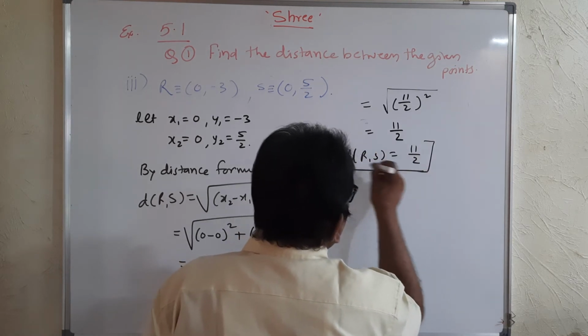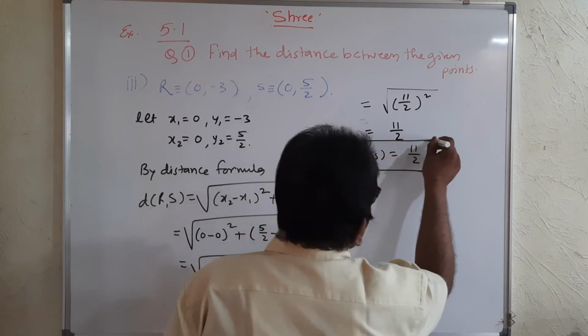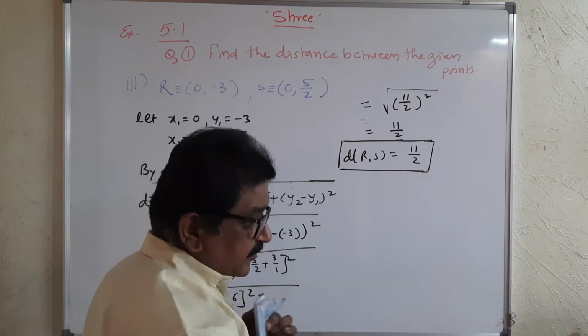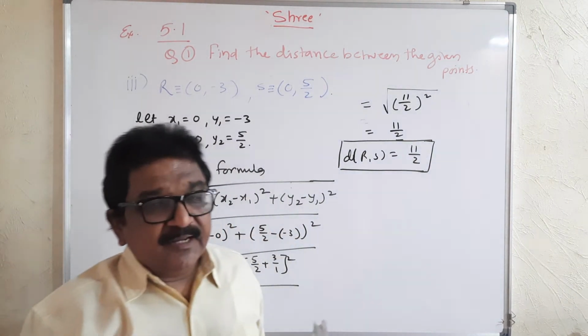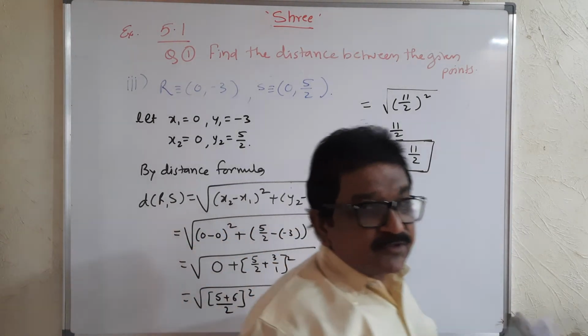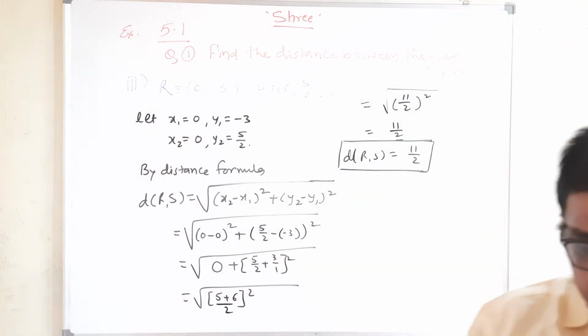These are simple examples. If you know how to change the sign, how to square them, how to subtract or add, and taking out the square root in the final example.